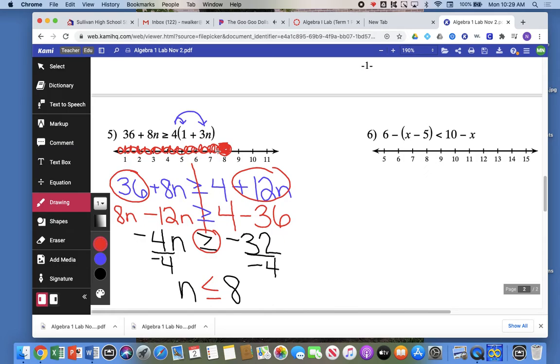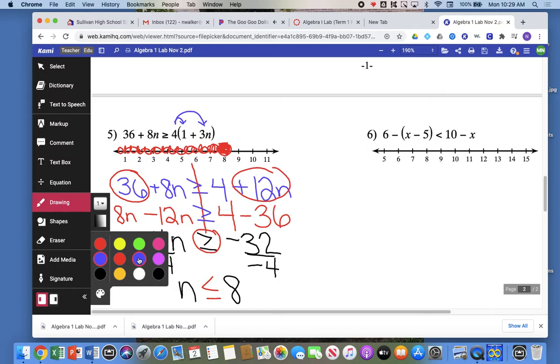Now, I want to take a look at number 6 because it's slightly different. We are distributing, but what are we distributing on that number? How come not the 6? Okay, so if you can see, is this 6 attached to the parentheses?